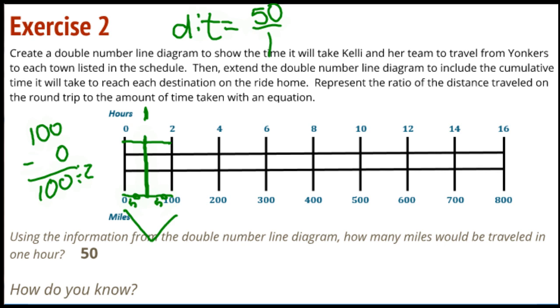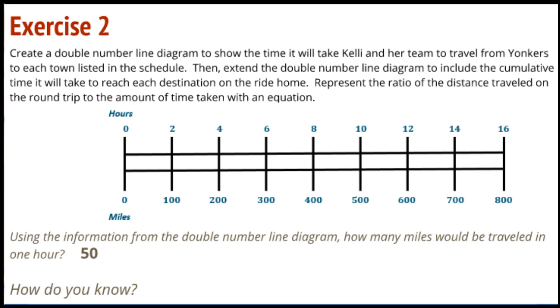Well, my tape diagram shows me right here. It shows that each hour is equal to 50, because 1 is halfway between 0 and 2, and 50 is halfway between 0 and 100. And I've got my equation that we've already looked at, that the distance is equal to 50 times the time.